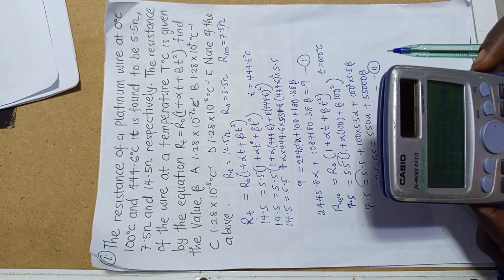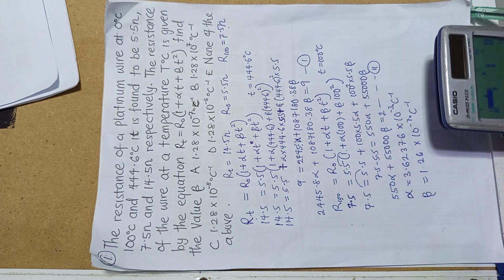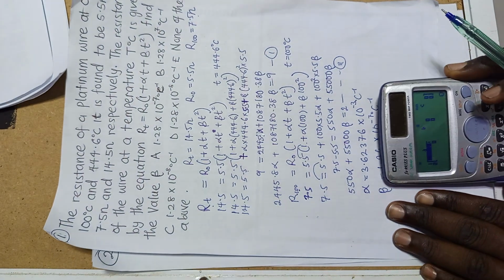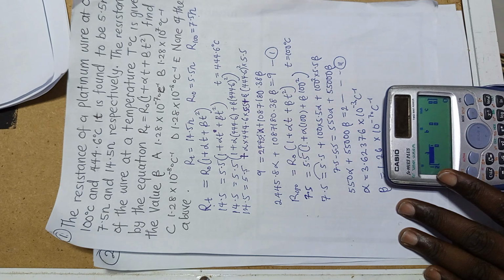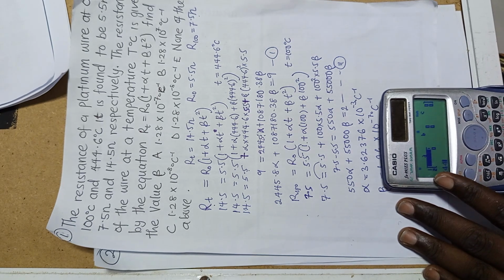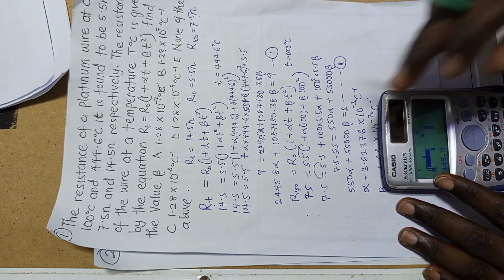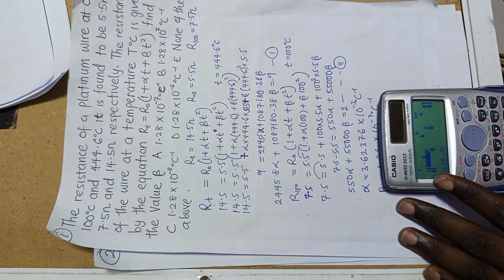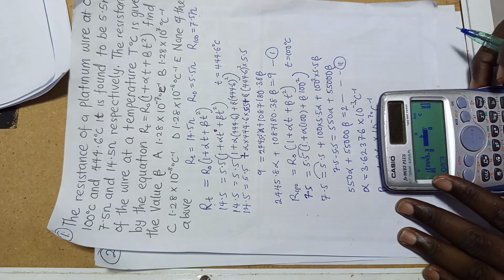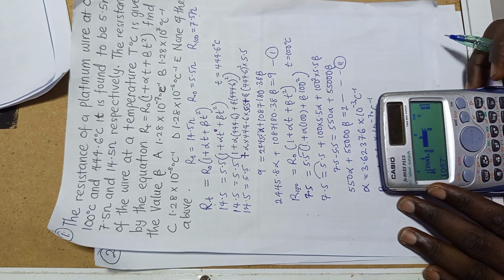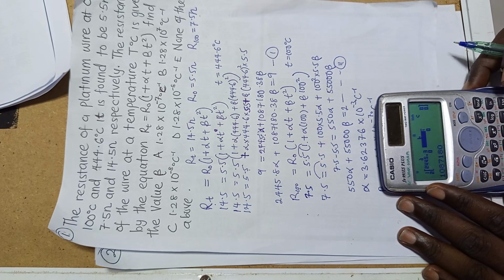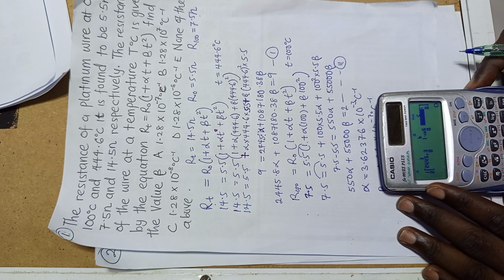Equation 1: 2445.3 is our x, alpha, 1087180.38 is our y, and 9 is our s.